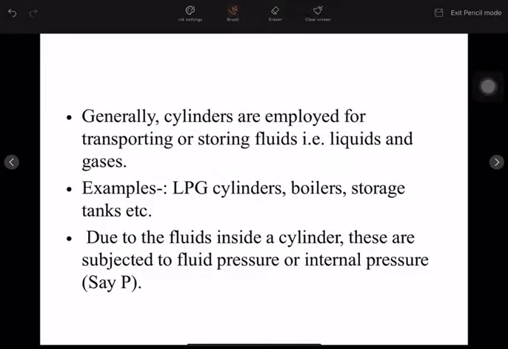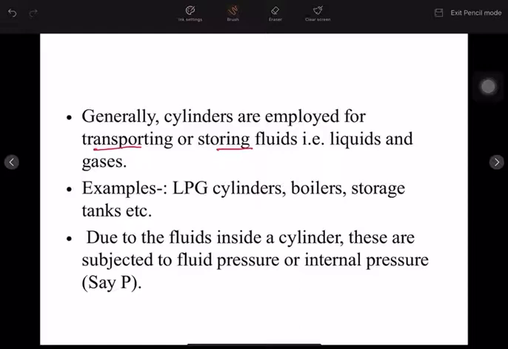So generally, in our daily life, we can see a number of cylinders. Most commonly, cylinders are employed for transporting or storing fluids, that is, liquids and gases.